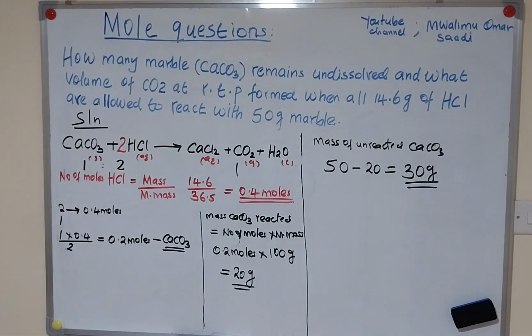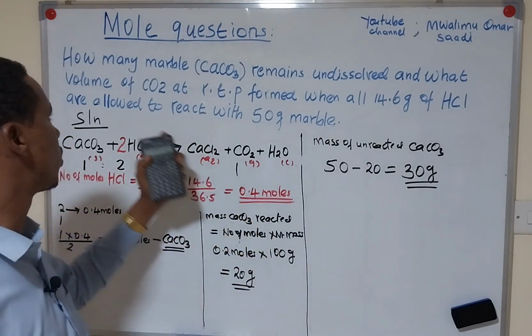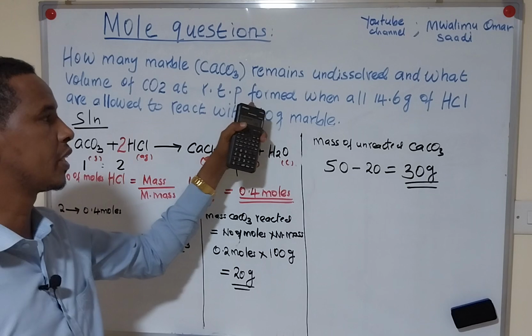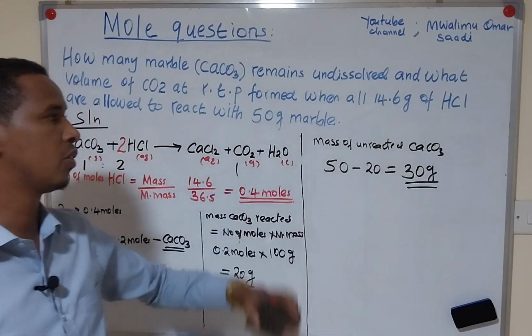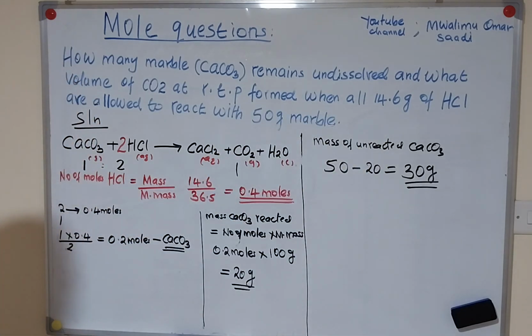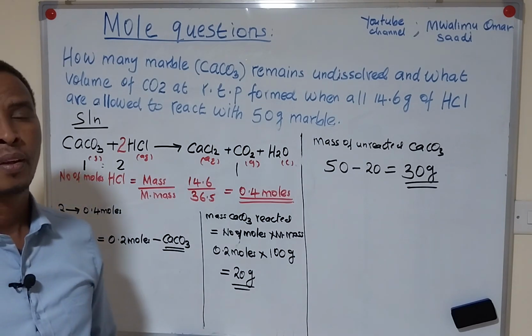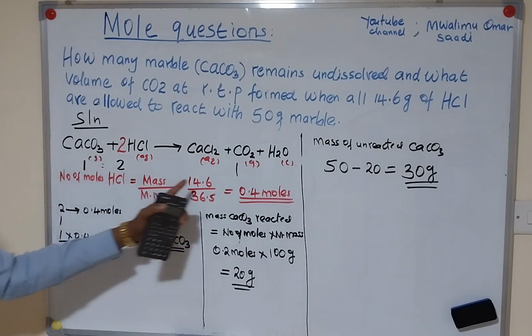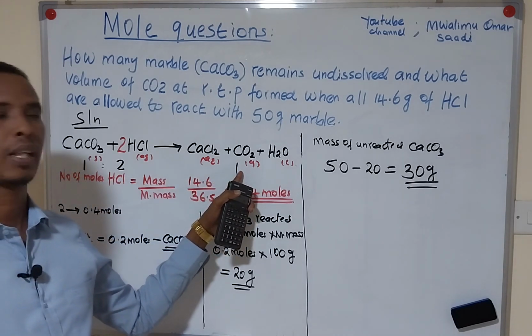The second part of the question asks what volume of carbon(IV) oxide at RTP is formed when this mass of the acid has reacted with the marble chips. Again, we use the mole ratio to get the number of moles of carbon(IV) oxide.